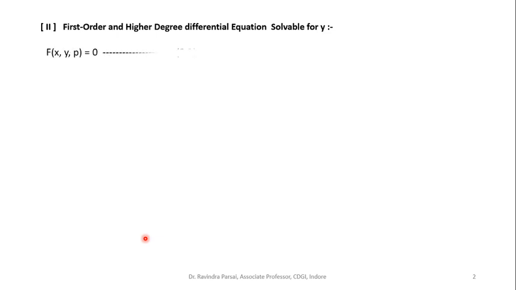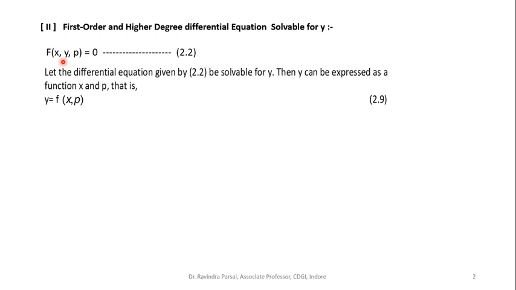So the second method is equation solvable for y, that is we are having the problem in general form as first order and higher degree F of x, y, p equal to 0. Then let the differential equation given by 2.2 be solvable for y, then y can be expressed as a function of x and p.